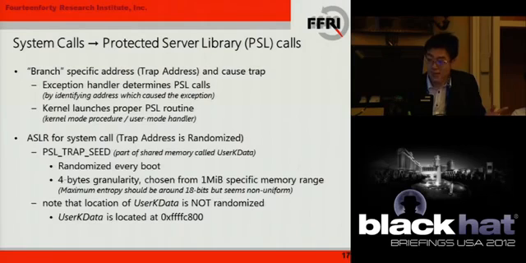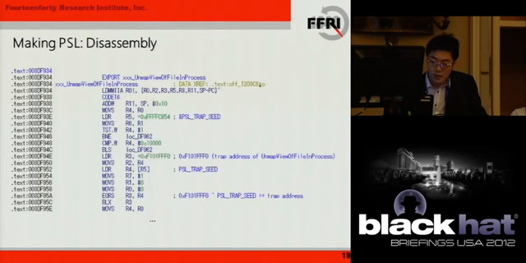Let's see the disassembly. This is the disassembly in CoreDL, making the system call of map view of file in process. Okay, 0xF101FF0 is the base trap address of map view of file.